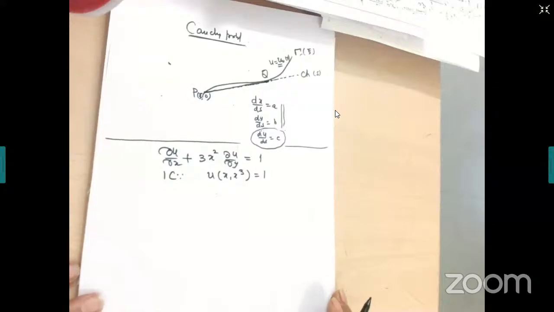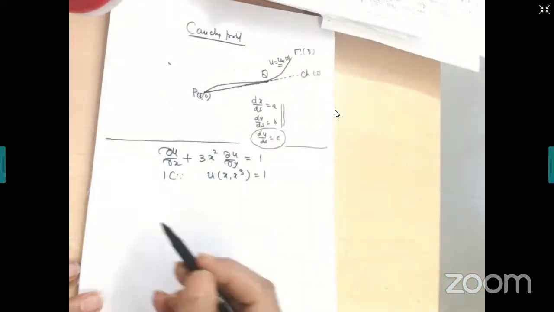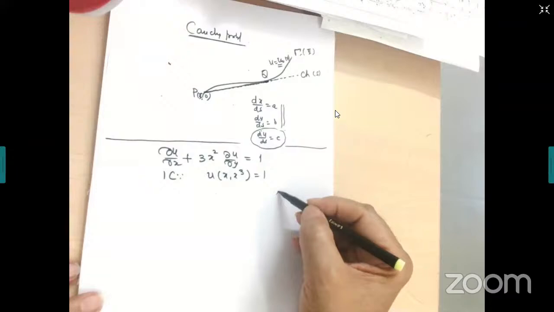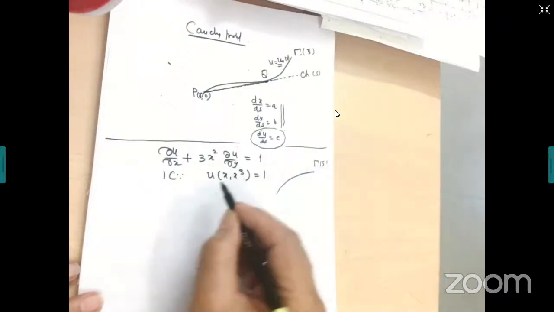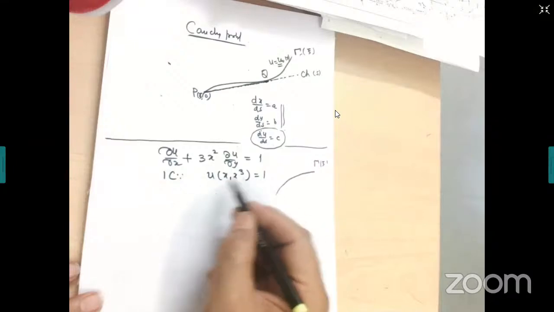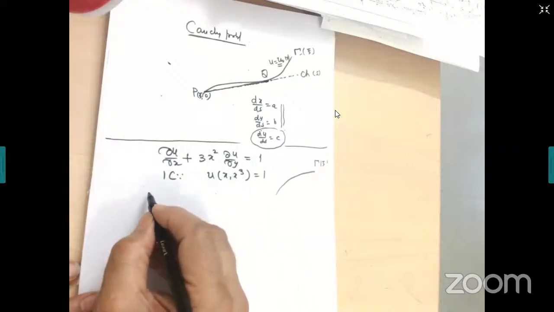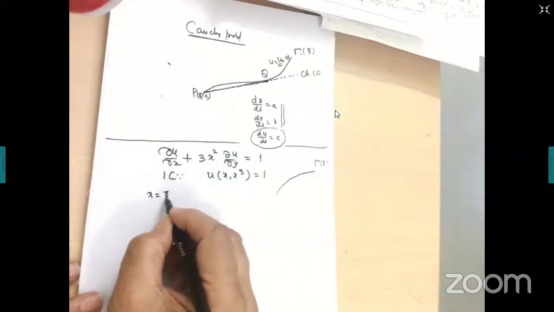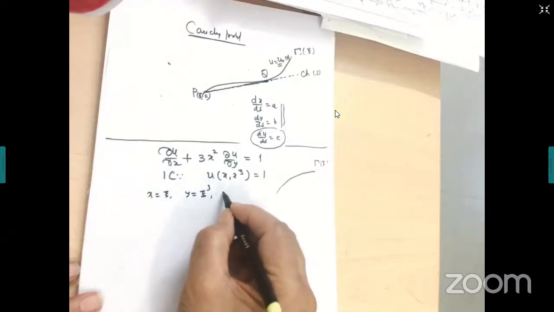So how do we start? We know how to solve the Cauchy problem, right? This is your specified curve gamma, the given curve. This is the space curve, so I can parameterize it. I can write x is equal to xi, y is equal to xi cubed, and u is equal to 1.